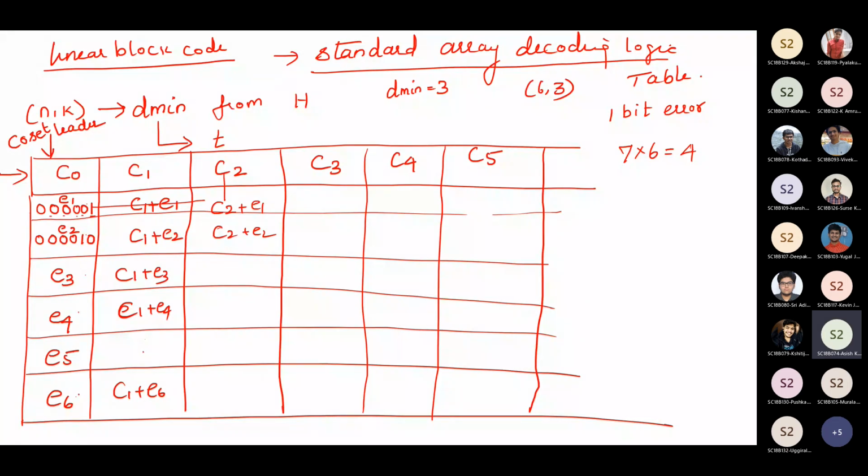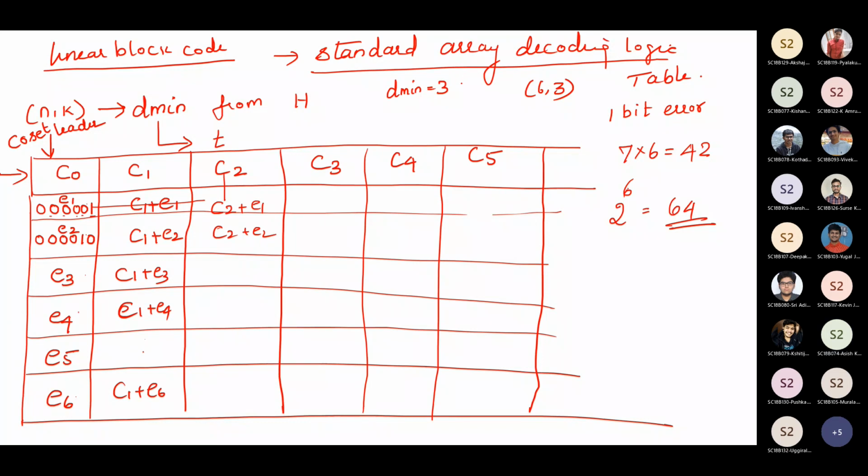C0 will come, fine. All elements, 7 cross 6, it is 42. And 2 power n, that is 2 power 6, is 64.